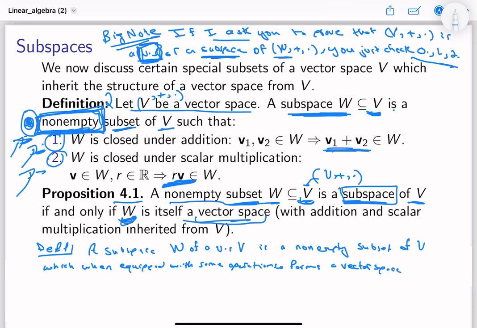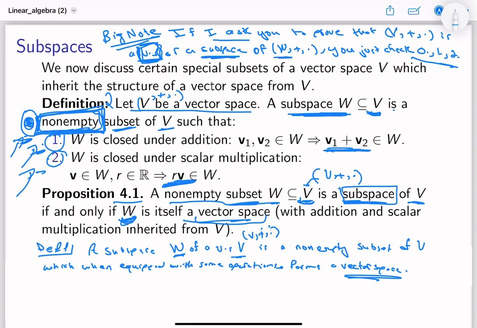In other words, the first definition is saying to check that omega is a subspace of V, where V is defined with these operations, plus and scalar multiplication, you will need to check that omega is not empty, omega is a subset of V, omega has the same operations as V, and omega is itself a vector space. So this is definition 1.